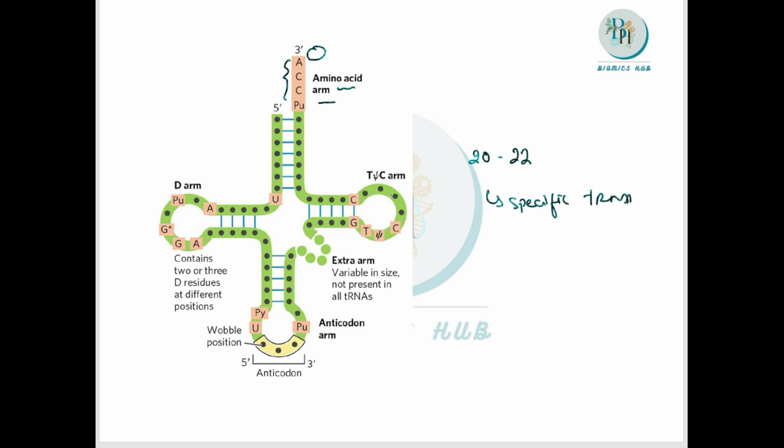Now here we can see that near the 3' end is the T-psi-C arm. What happens in the case of a tRNA? It normally has adenine, cytosine, guanine, and uracil, where A complements with U and G complements with C. There is no T in RNA, but due to certain modifications, there is thymine in this tRNA, due to which the T-psi-C arm is shown here.